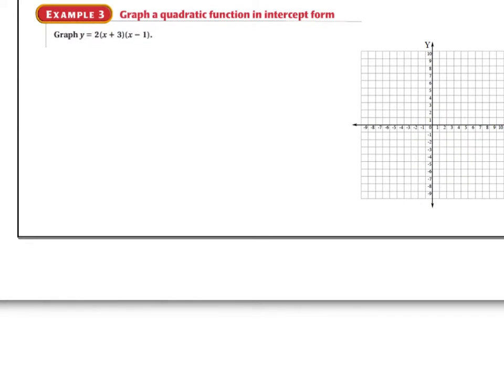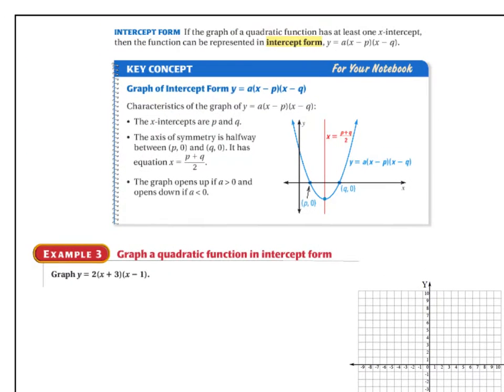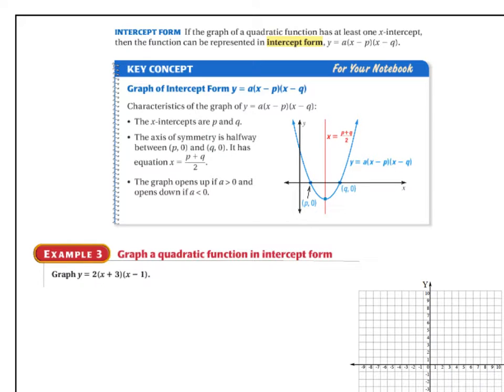Here I have an example. It is quadratic. There are 2 x values, and you need to recognize that it's in intercept form first. Looking at it, you should be able to pick out the p's and the q's. Now remember, there are inherently negative signs in the equation right here.